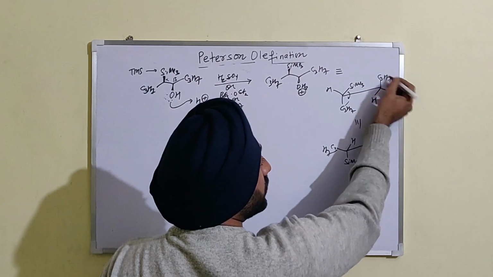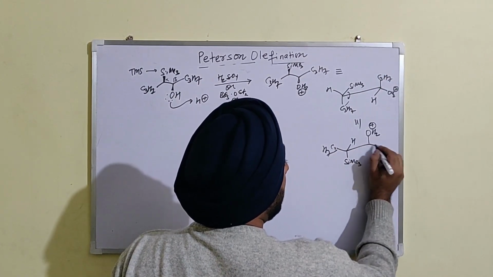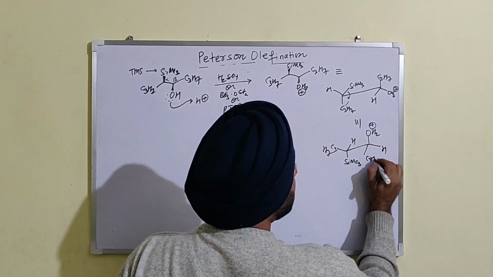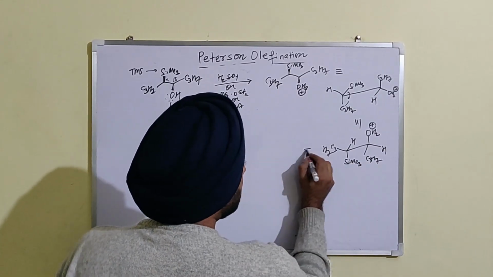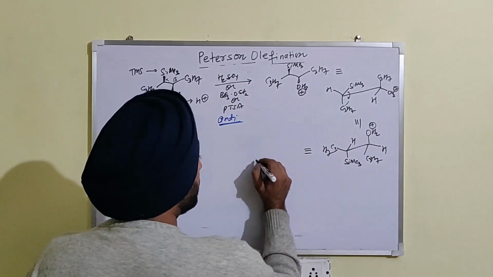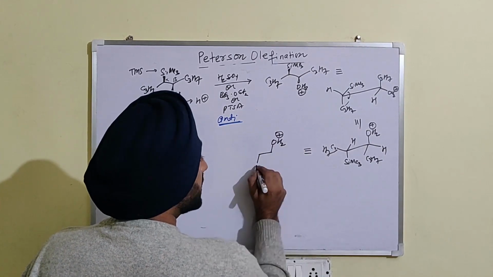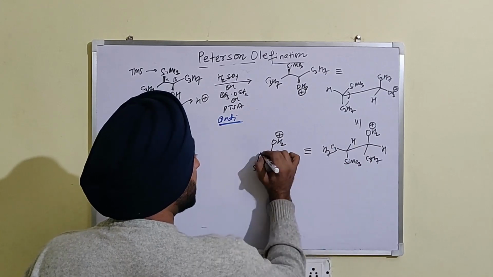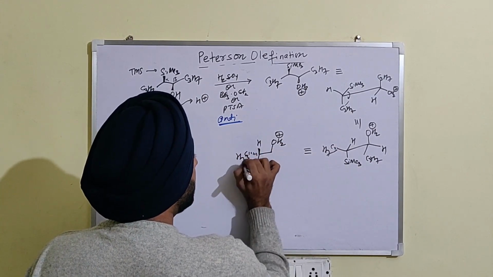Now we are bringing this OH2 positive group on the top, and if this comes down, then the hydrogen will be here and C3H7 will be here. So now these two are anti. If we simply convert this into the same plane, OH2 positive, SiMe3 positive. This is on the right hand side, so this will be hydrogen and this will be C3H7.